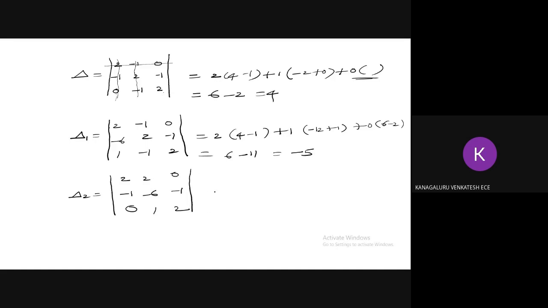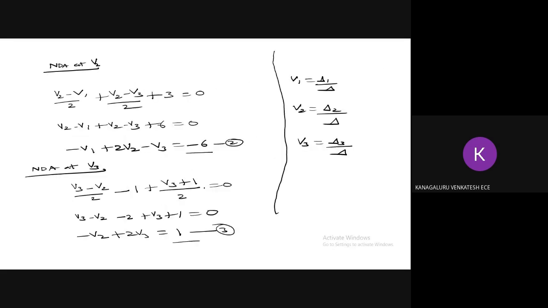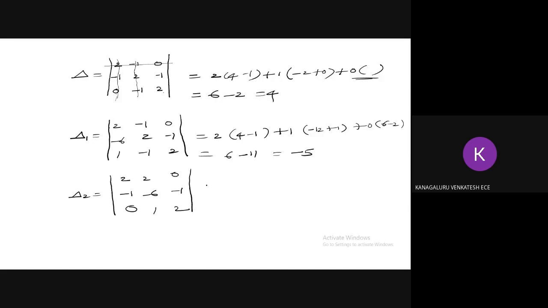Okay, so just simplify this. What do you get? Third equation constant is 1. Simplify this. What do you get? 2 multiplied by minus 12 plus 1. And then minus 2 into, what do you get? Leave first row, middle column, minus 2 plus 0.